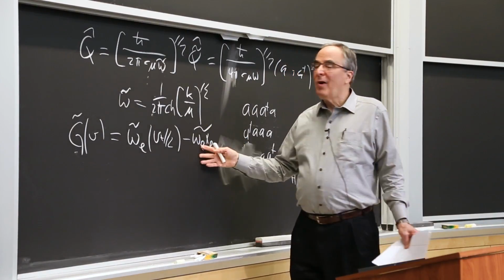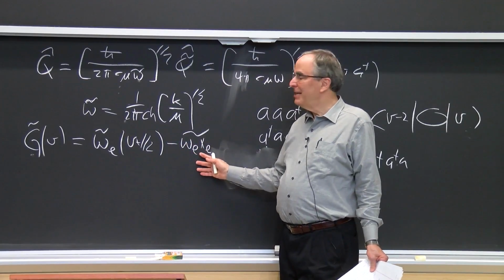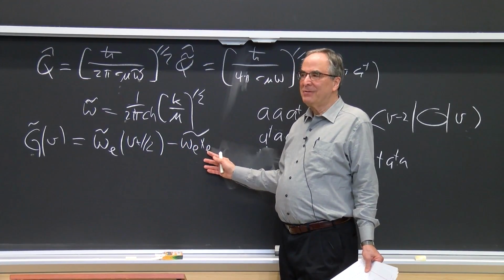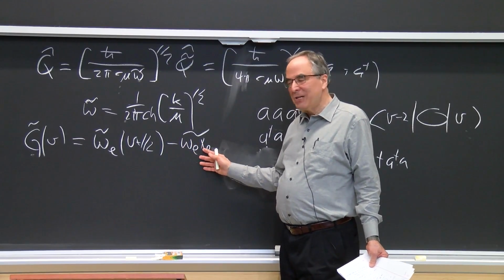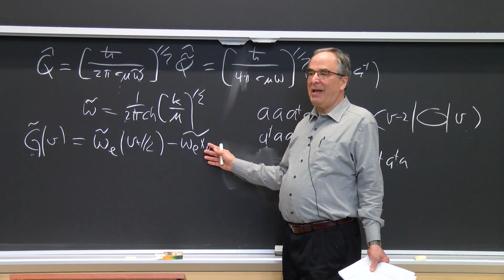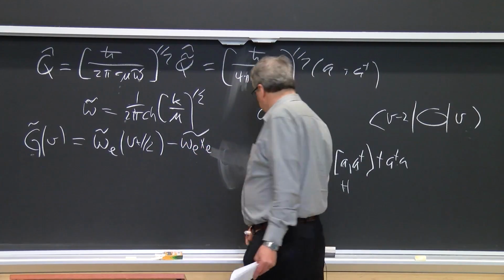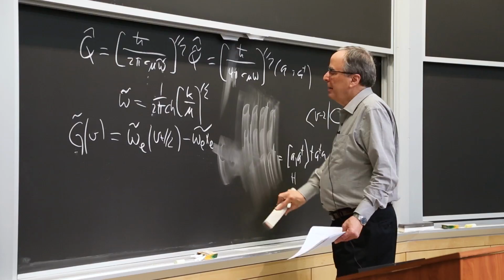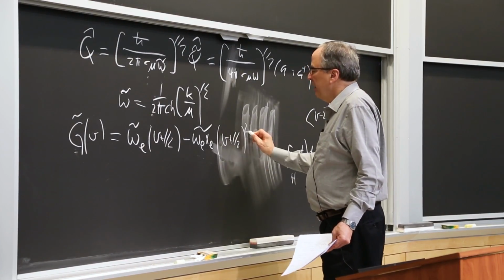Now you might ask, why this? This is the first anharmonicity constant. It's not a product of two numbers. It's just what people wrote originally because they sort of thought of it as a product of two numbers, but it's really only one. And that's times v plus a half squared.